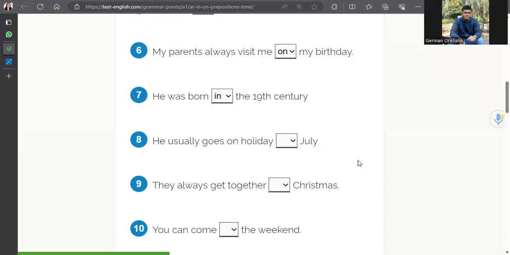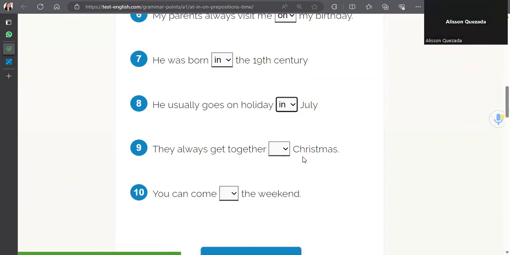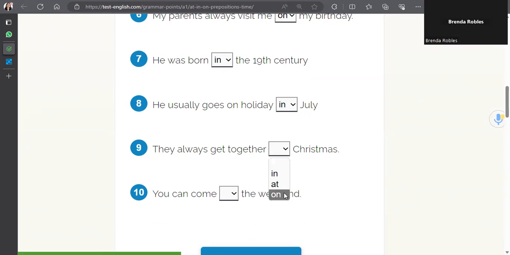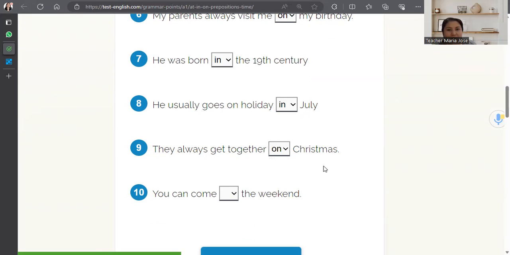July. In. Because it is a month. Very good. Christmas. In or on? On. On Christmas because it is a day. On Christmas. Okay. And the weekend?